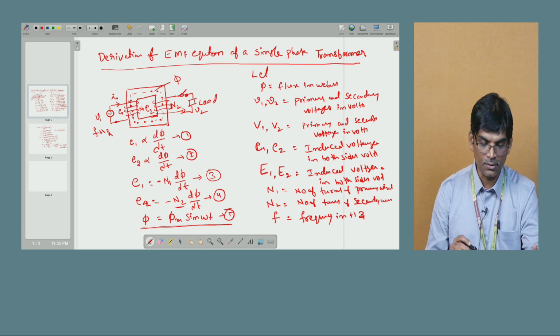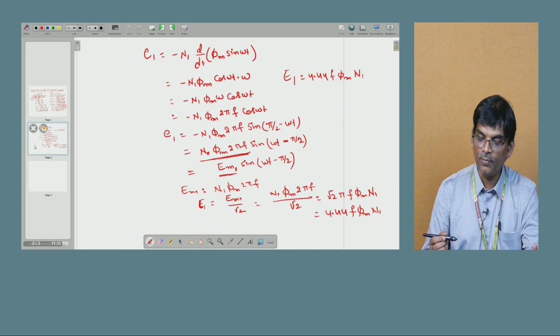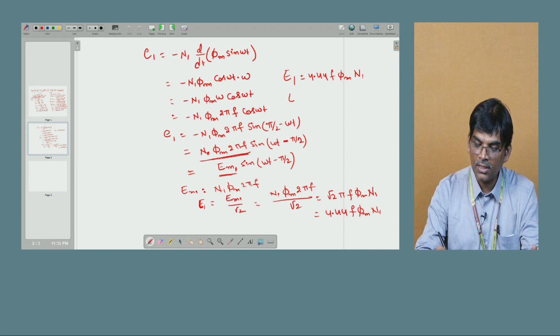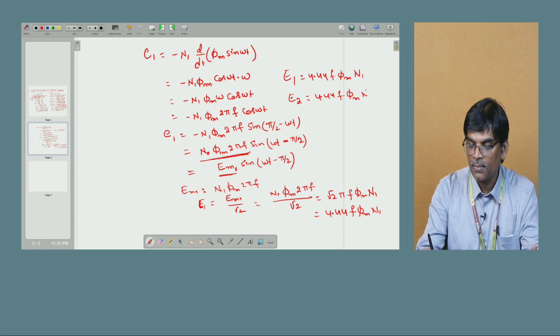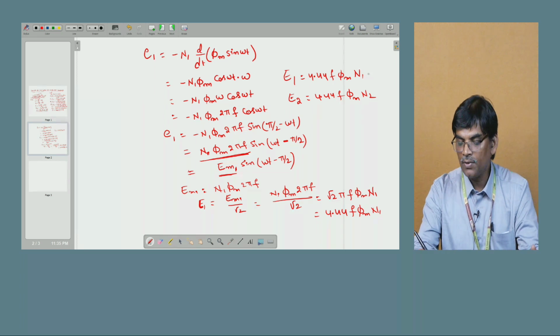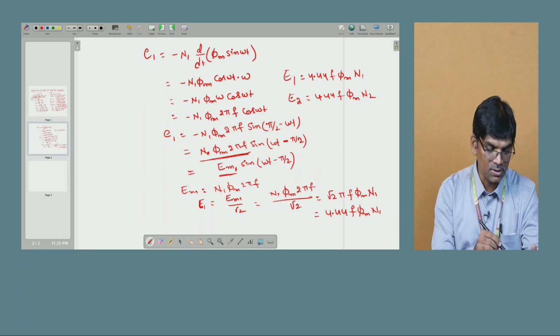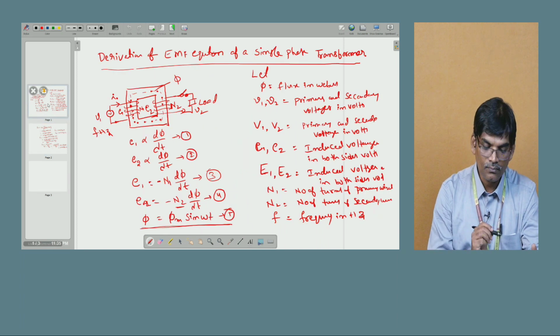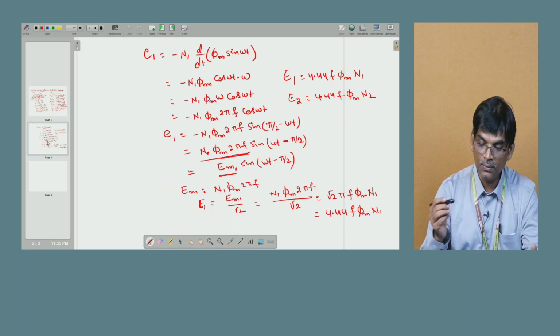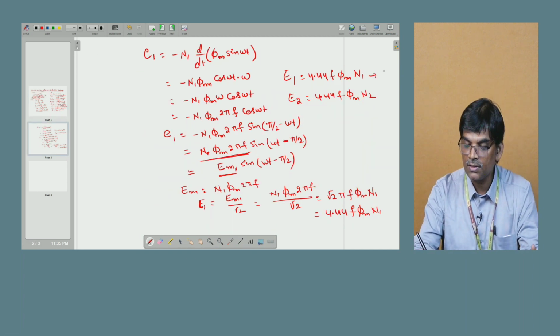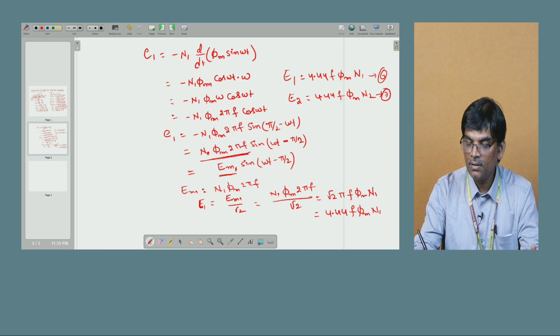Similarly we derive the secondary side voltage and get the equation 4.44 frequency, φm and N2. We can call these equations 6 and 7.